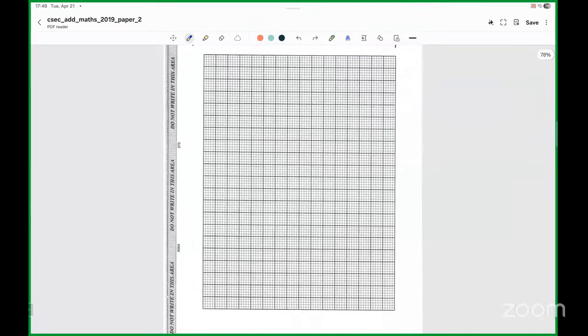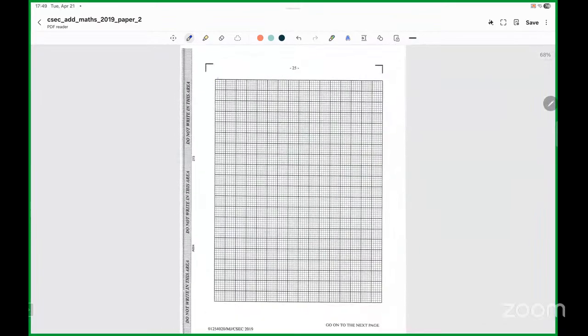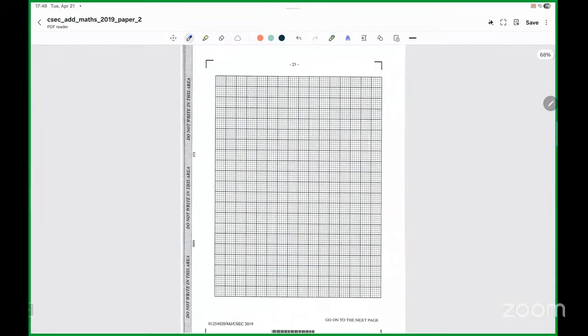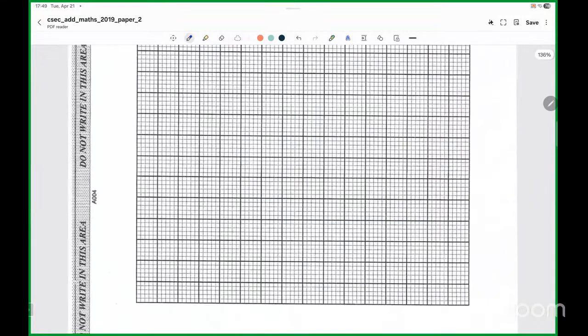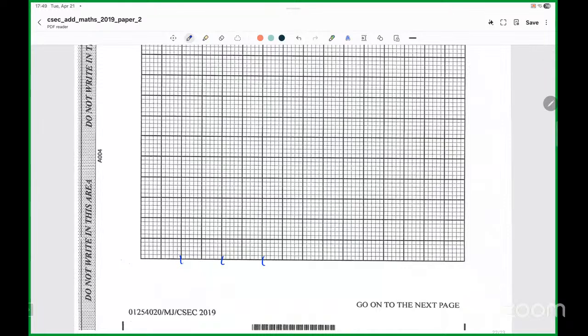So I guess I'll draw it horizontally, maybe put the x-axis this way and the y-axis up here. So we're going to 60. Let me see if we can reach this. So 10, 20, 30, 40, 50, 60.